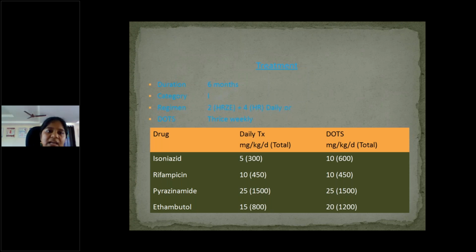Isoniazid 5 mg per kg per day, that is roughly 300 for a 60 kg adult, and if it's DOTS, 600 mg on alternate days, that is thrice weekly. If daily, rifampicin 10 mg per kg per day, DOTS also similar. Pyrazinamide 25 mg per kg per day, same in DOTS. Ethambutol 15 to 20 mg per kg per day. 2 months with 4 drugs, and 4 months with 2 drugs.